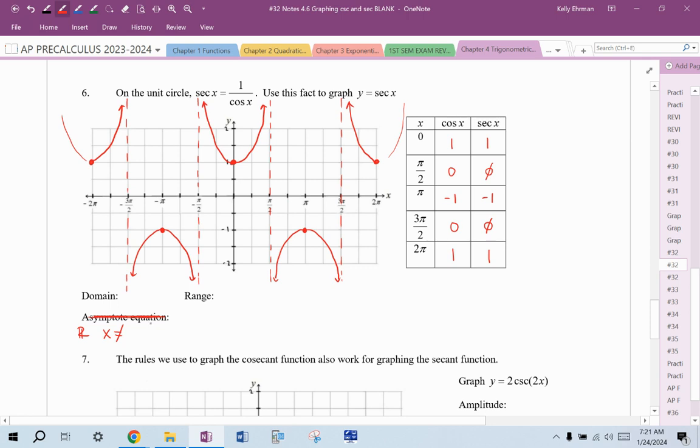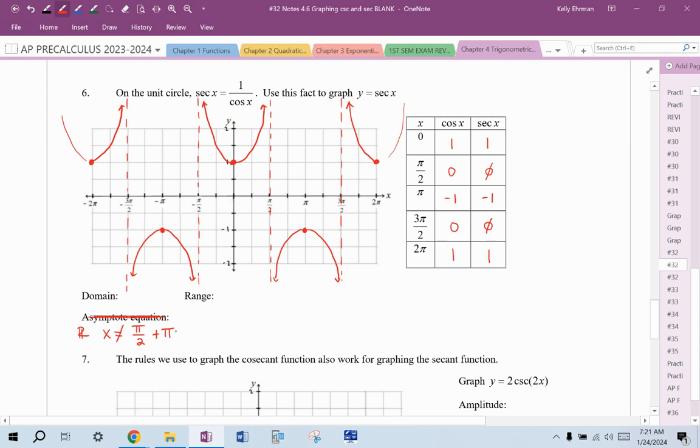So how about this? Let's designate pi over 2 as the first asymptote. To get to the next asymptote, there's a distance of pi between these, right? 3 pi over 2 minus pi over 2 is pi. So I could say add pi to get to the next one. Or I could have said subtract pi to get to this one. Or I could have said subtract 2 pi to get to the -3 pi over 2.